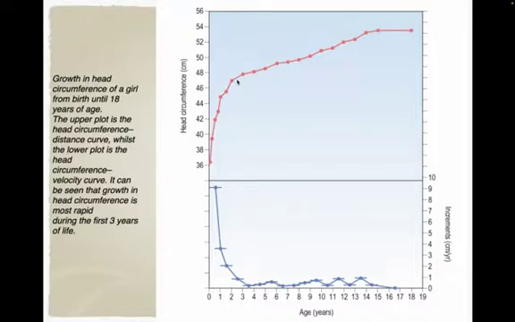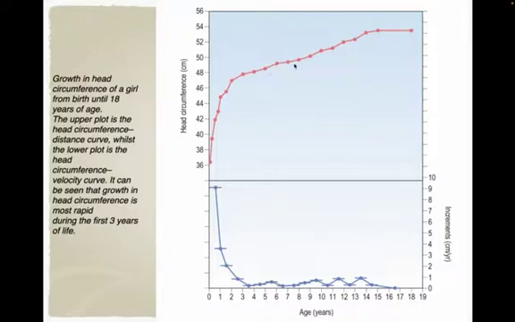Then it keeps increasing, but the rate of increase is much less than in the first 3 years. And then at the age of 17, there is no increase in the head dimension. That tells us that most of the growth of the head happens during the first 3 years.